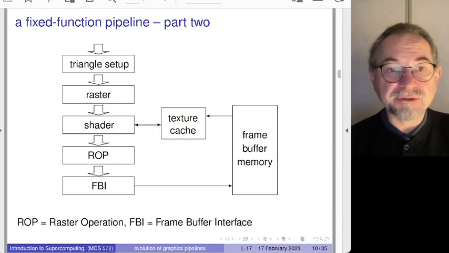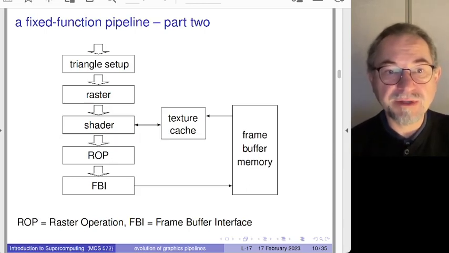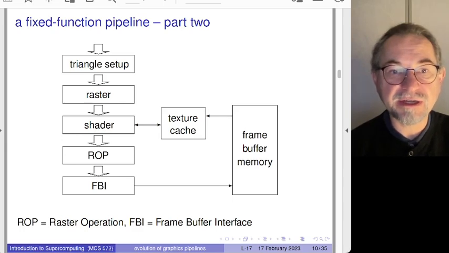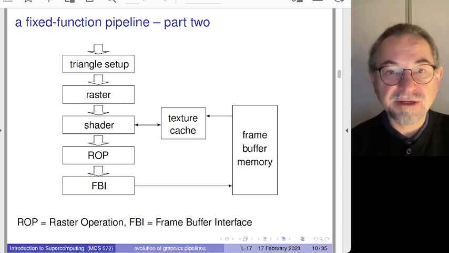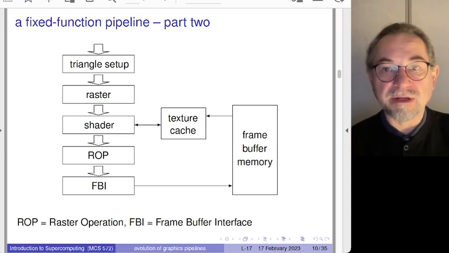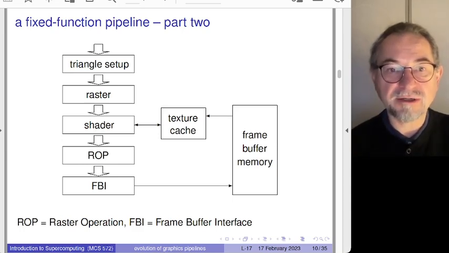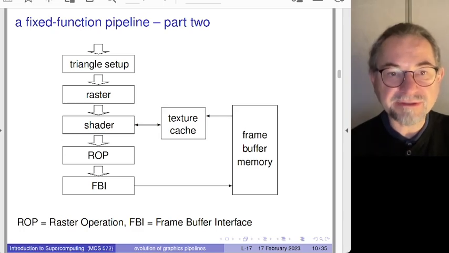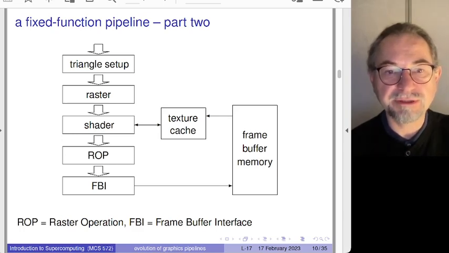All right, after the triangle setup, we have 4 more stages, the rastering, the shading, and the raster operations. And finally, it goes then into the frame buffer interface. There are more caches here for the textures and also for the buffers.